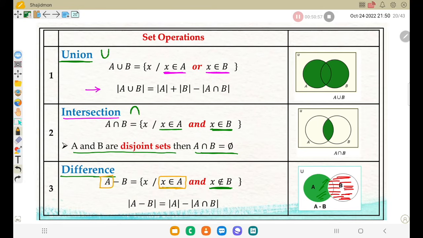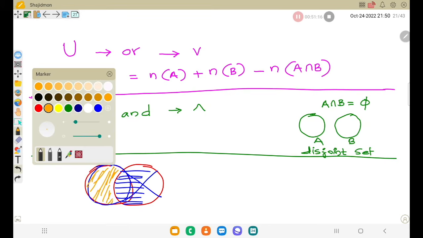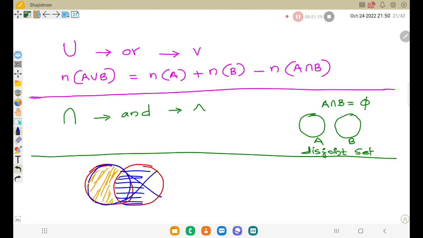Now there is a relation connecting the difference. Number of elements of A minus B: the cardinality of A minus B equals the cardinality of A minus the cardinality of A intersection B. So you need to memorize this cardinality rule. Okay, I can write it here.